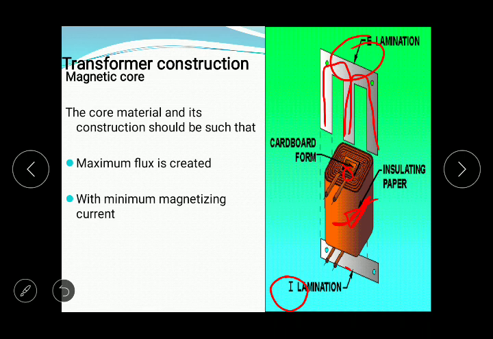Here in this core the flux is created maximum. Due to minimum magnetizing current, the core losses are also minimum.